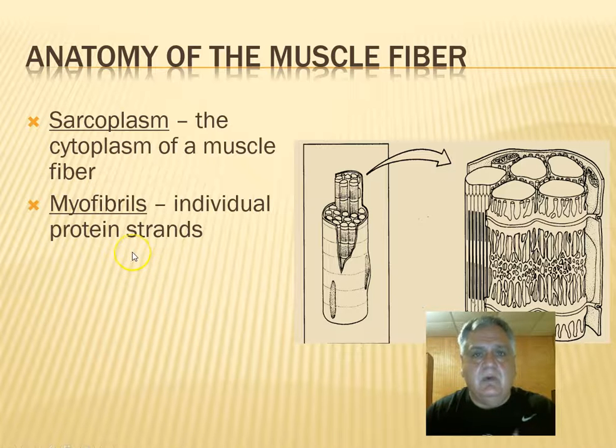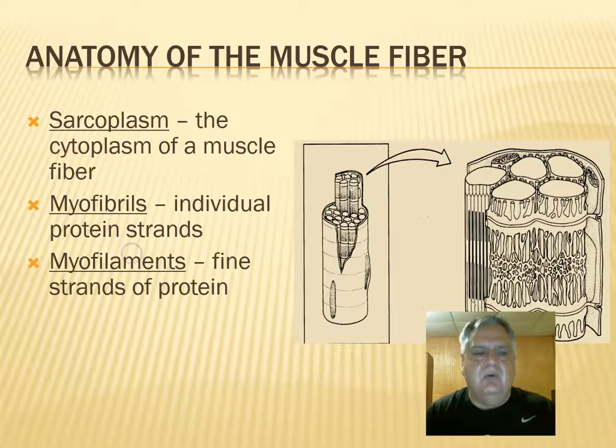So the sarcoplasm is going to be very tightly, densely packed with these structures called myofibrils. Myo, by the way, is a prefix that comes from the Latin, and it means muscle. So anytime you see the term myo or sarco, it's going to have something to do with muscles.